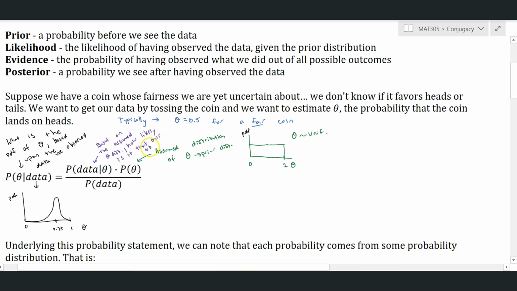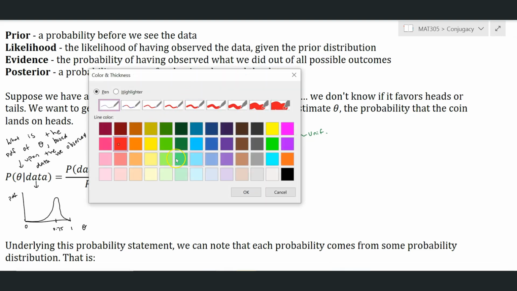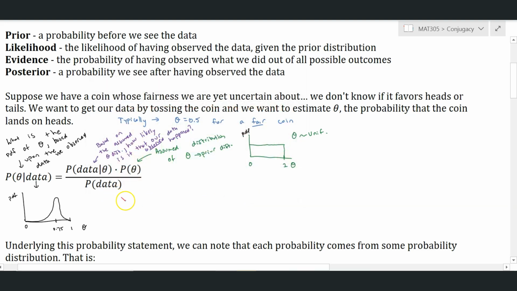I'll say, observed data happened. So that's what we're seeking to answer with the likelihood in this case. As for the denominator, some people will just refer to this as the denominator.